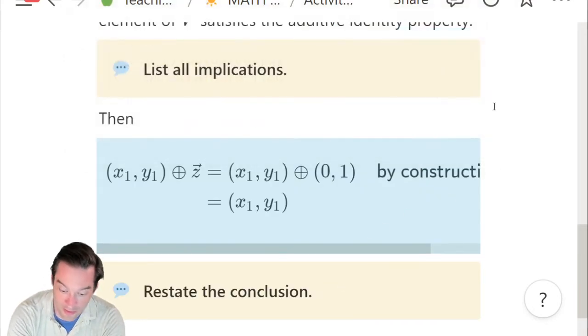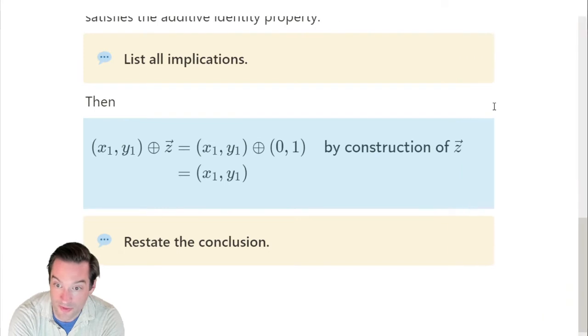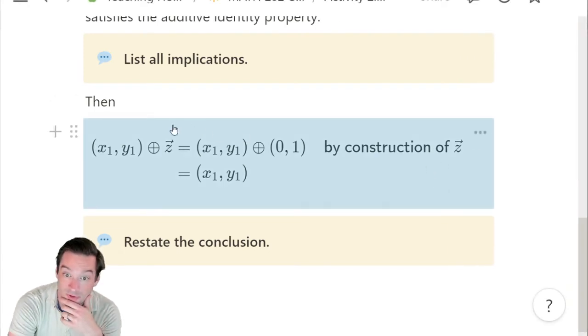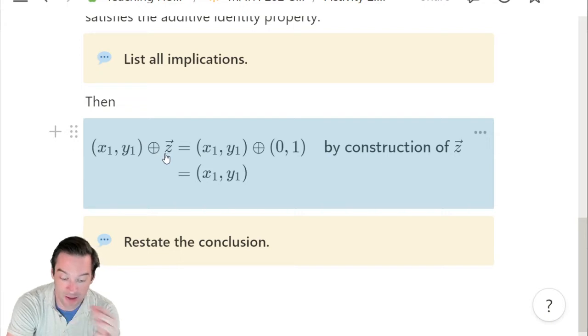I might need to end up zooming out a little bit here so we can actually see everything. There we go. So notice what I'm doing. I have a grounds part of my argument, (x1, y1) funny addition z, and I have a claim, that's equal to (x1, y1) funny addition (0, 1), and then I have a warrant for that claim, right? The reason to believe that my claim follows from the evidence. And the reason for this claim to be true is that that's just definitionally what we decided that z meant, right? And so that's why I use the little catchphrase, by construction.